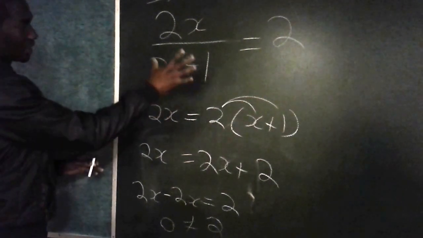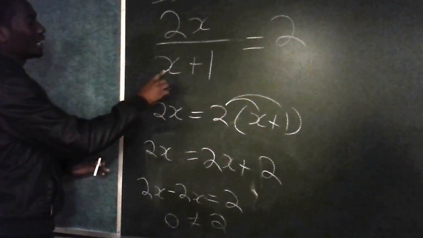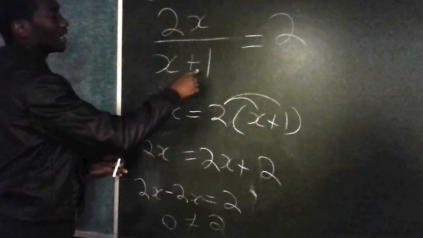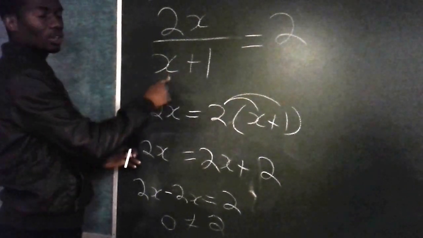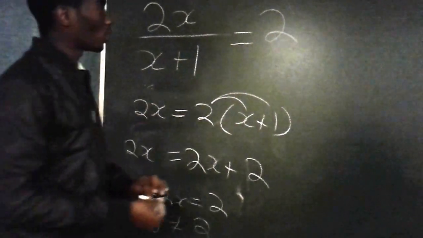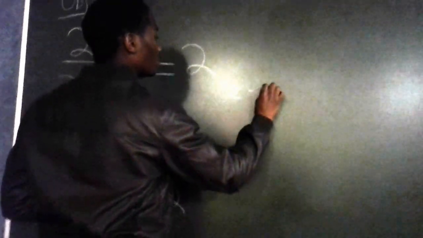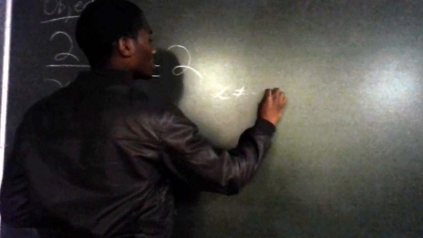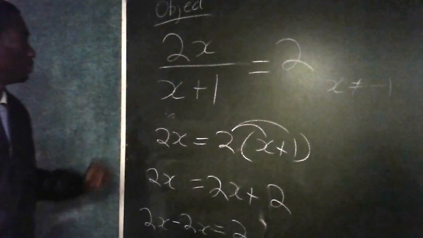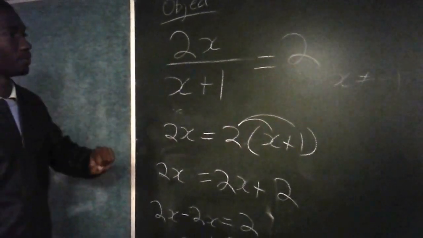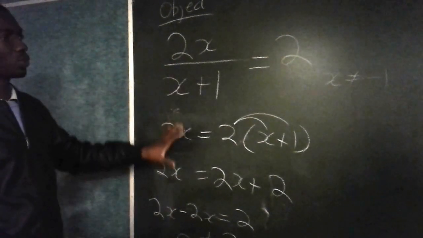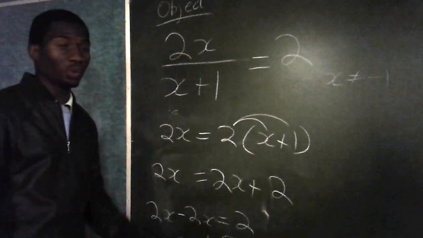If you look at this scenario alone, you can clearly see that the denominator cannot have an x value equal to minus 1. So here on the side, let us write that x cannot be equal to minus 1, otherwise it will not be possible.